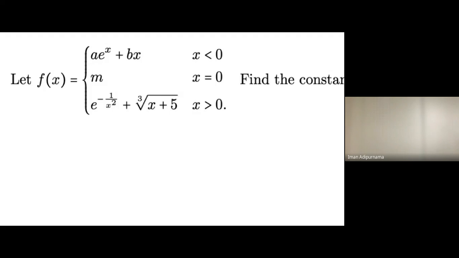If this were a question in an exam, what you need to do first is not just about finding a, b, and m. We also need to provide some proof. For example, the question asks us to find the constants when the function is differentiable everywhere, so we need to show what happens when the function is differentiable.